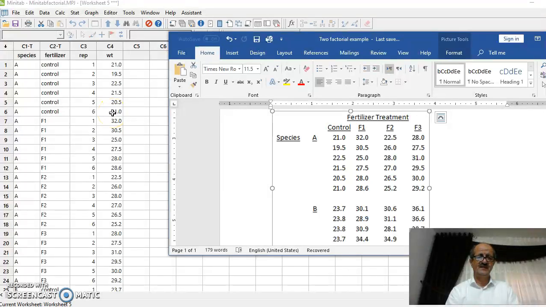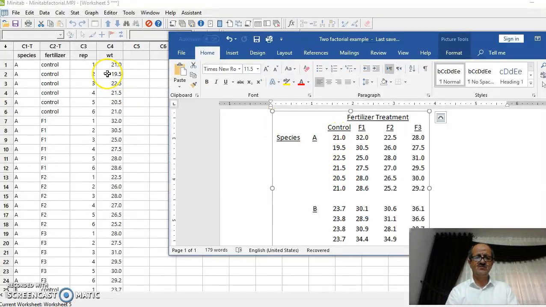which was the weight. For instance, first we entered the A species in the 24 cells, sorry. The first treatment was A with the control, which was replicated 6 times, and these are the observations from each replicate.